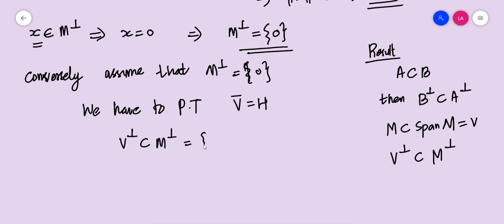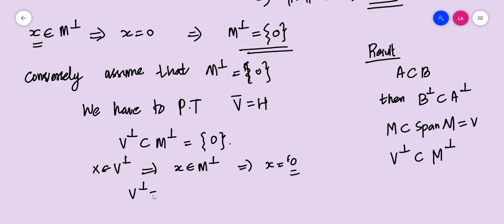M perpendicular is equal to the set {0}. So V perpendicular is actually a subset of the set {0}, with only a singleton element. Thus, every x in V perpendicular implies x is in M perpendicular, which implies x is equal to 0. So V perpendicular only contains the 0 element.